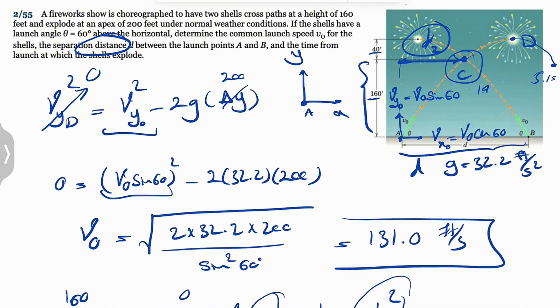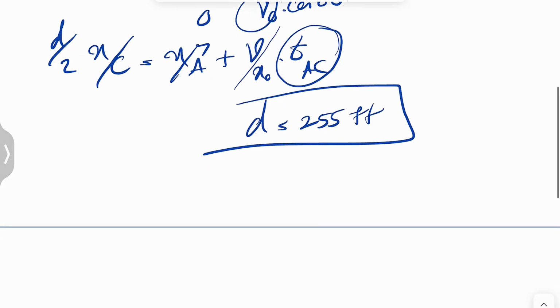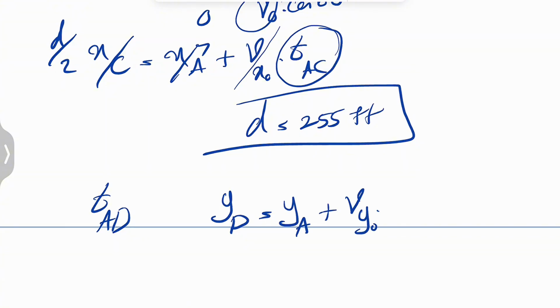All right, now that we have this d, we also need to figure out the time that it takes from launch until the shells explode. So we are looking for TAD, the time that it takes from A to get to point D. We just have to do the y equations. Yd is equal to ya plus vy0 times t, where this t is TAD, minus 1/2 g TAD squared.